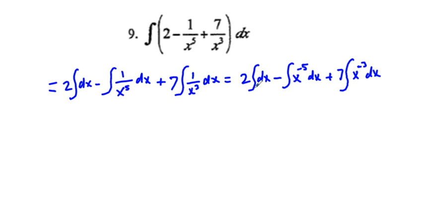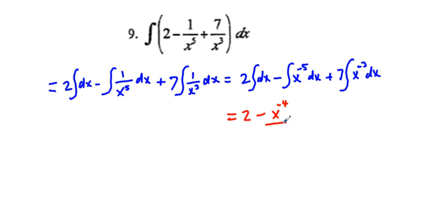And the first one we have here, I'm just going to work straight down. I think we'll have enough room. We'll have equal to 2x. And then this, we're going to have minus x to the negative 5th raised by 1 power. Negative 5 plus 1 is negative 4.